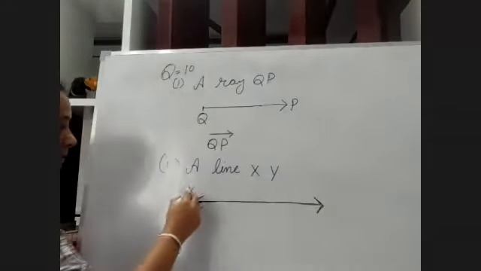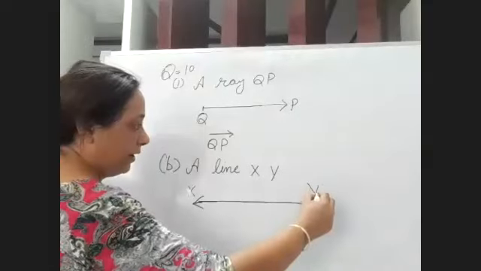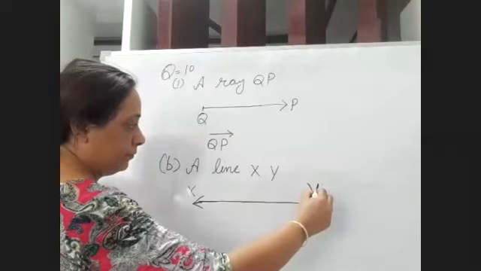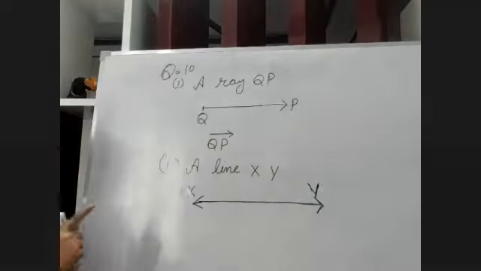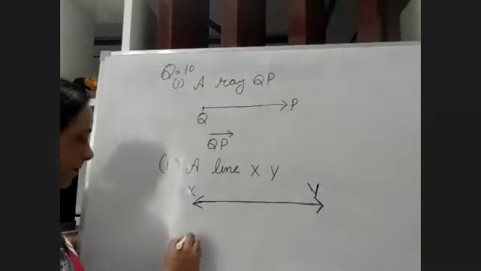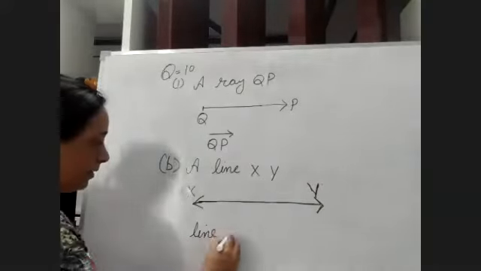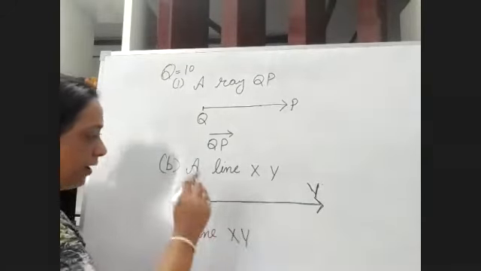This is X and Y. The line is written as line XY.